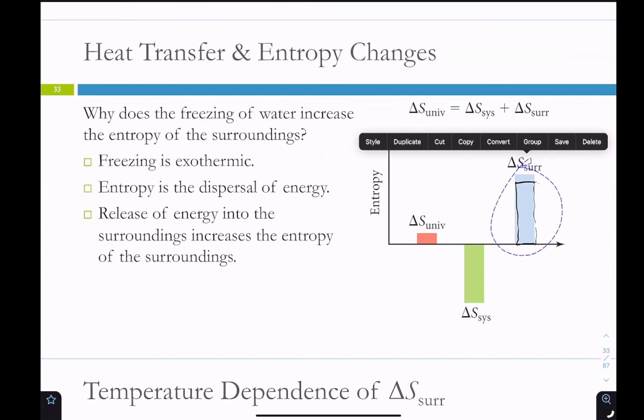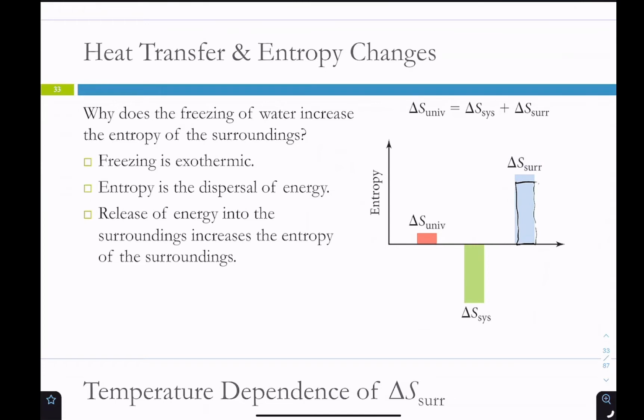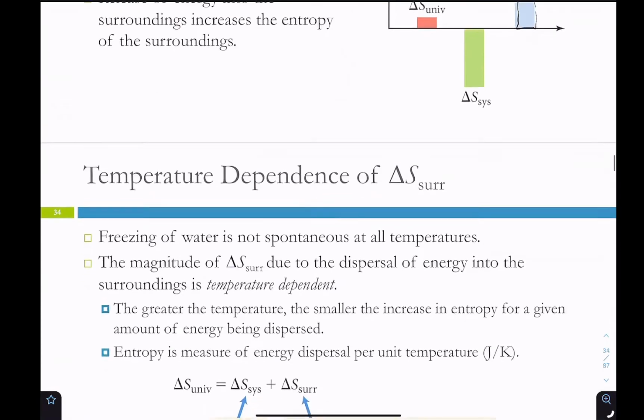So if you added those two things together, you'd get a net positive increase in entropy. So we're actually dispersing more energy by releasing that energy to the surroundings.